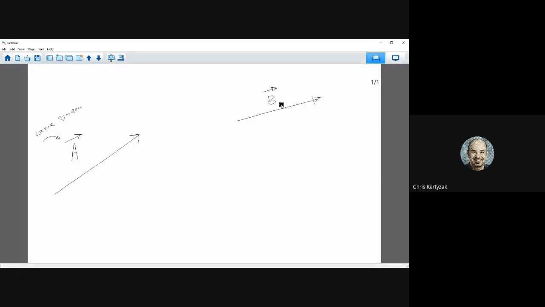So before we actually add these the way I had shown there, first what you want to do is resolve vectors into their components. So a two-dimensional vector technically has two components. One component that's along one dimension, like the x-axis.